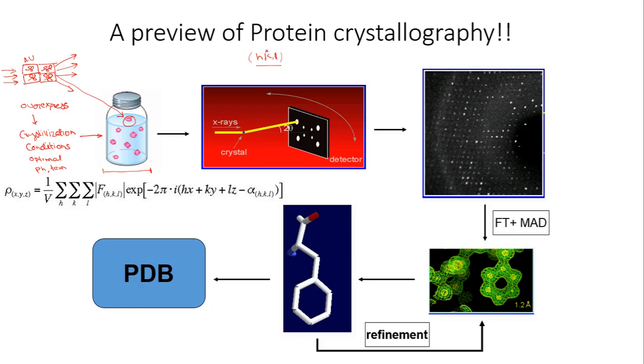Okay, so now once you have this diffraction pattern of your crystal, you know the position of each and every reflection, along with its intensity. So you would end up with a list of position and intensity for each reflection.